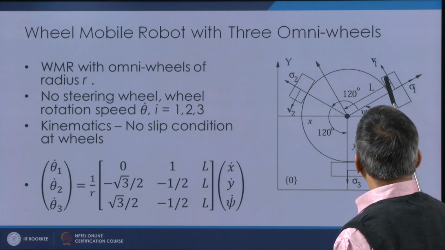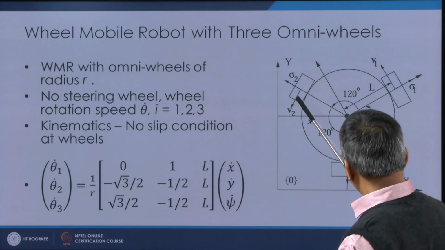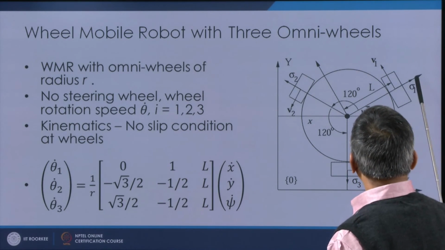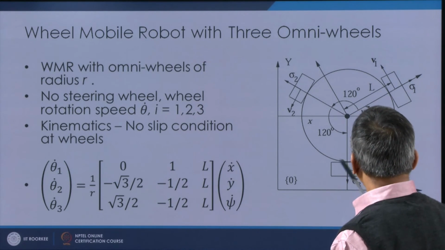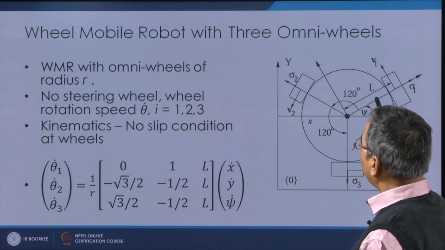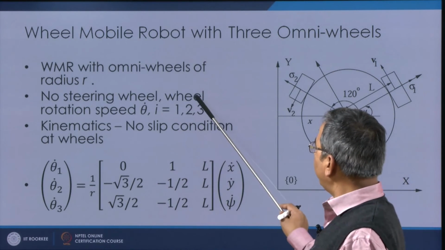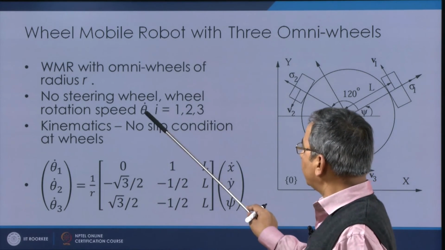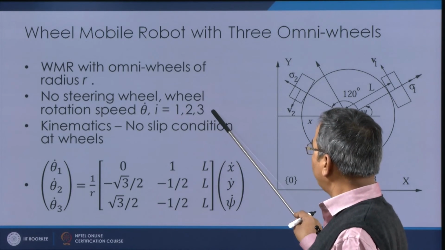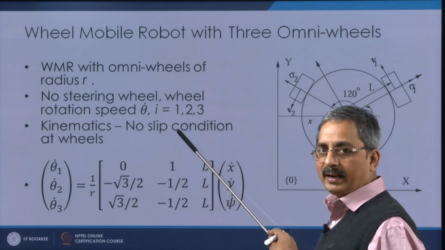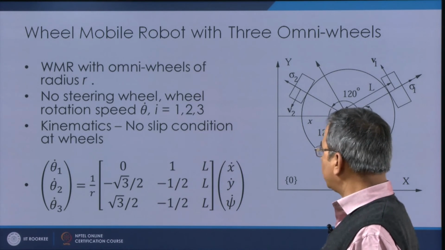Here the tangential velocities are V1, V2, V3, and of course these are the slip velocities sigma 1, sigma 2 and sigma 3. So now the wheel rotational speed is theta dot i, where i goes from 1 to 3, and we can find out the kinematics for the no slip condition.